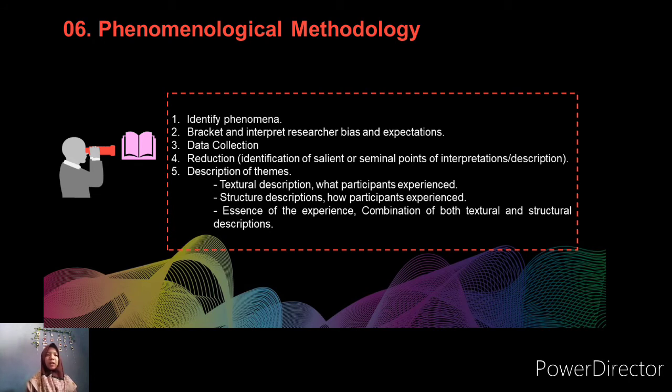Identify phenomena. Second, record and interpret researcher bias and expectation. The third, data collection. The fourth, reduction or identification of salience of seminal points of interpretation. And the last, description of them.